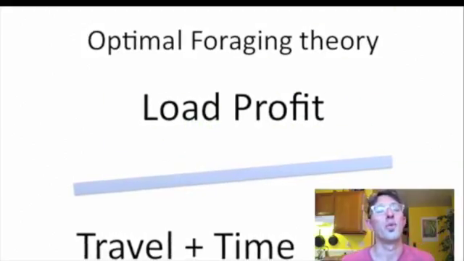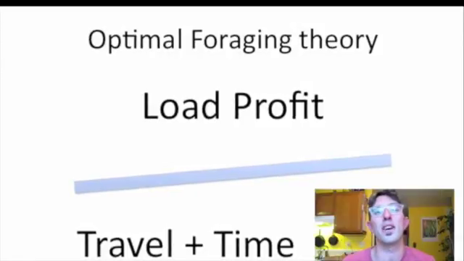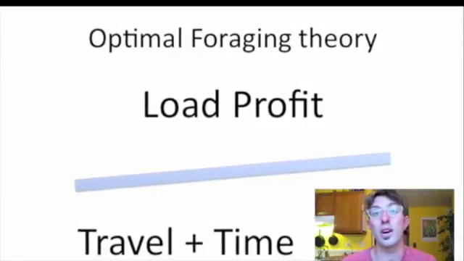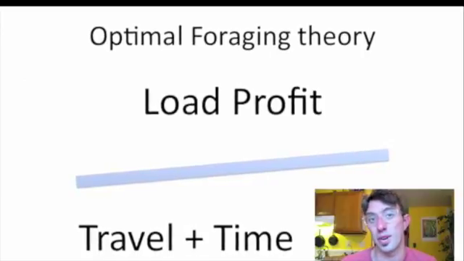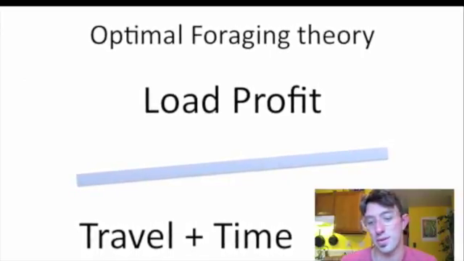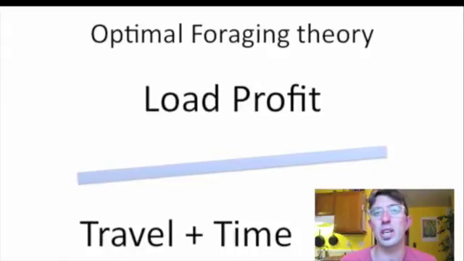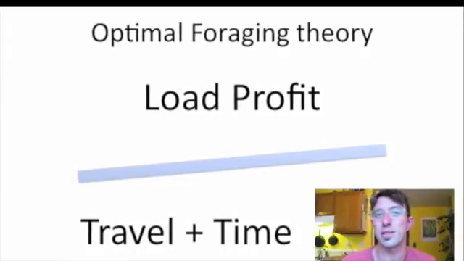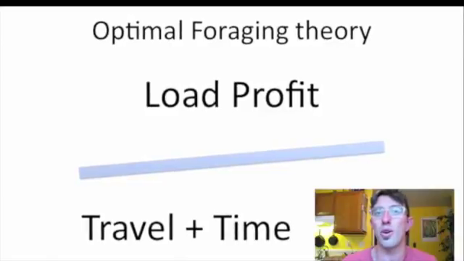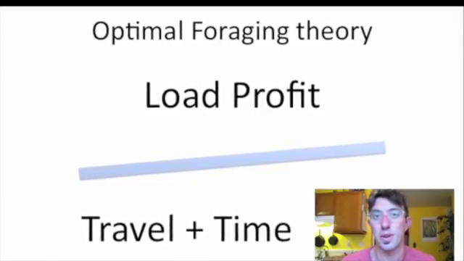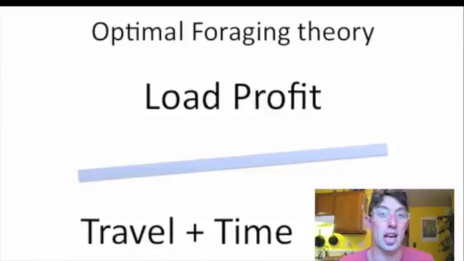Alright, so when we think about OFT itself as an equation, OFT is the equation: load profit over foraging travel plus foraging time. What that really means is an animal is spending a whole bunch of time to get its food, and an animal has to travel to actually get its food.